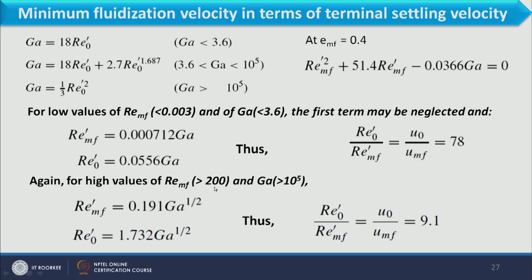Again, for higher Reynolds number, that is Reynolds number at minimum fluidizing condition greater than 200 and Galileo number greater than 10⁵, these are the expressions for Reynolds number at two different conditions, and the ratio is 9.1. So you see, at lesser Galileo number a higher ratio is obtained, and for higher Galileo number a lesser ratio is obtained.